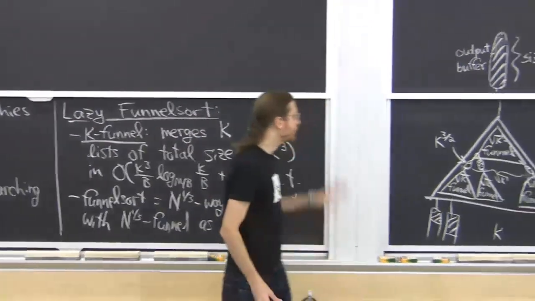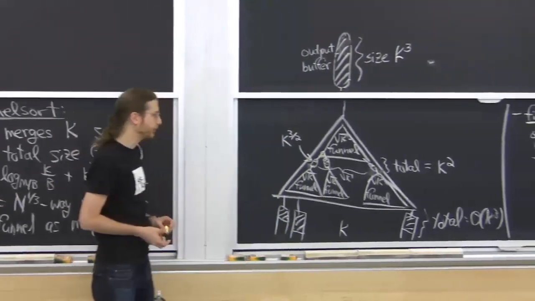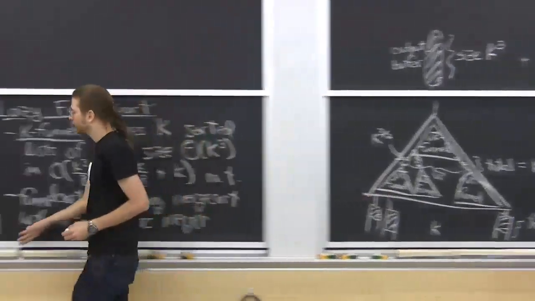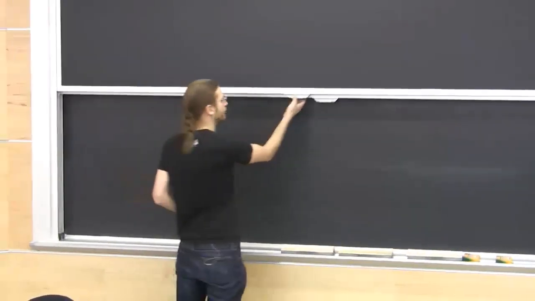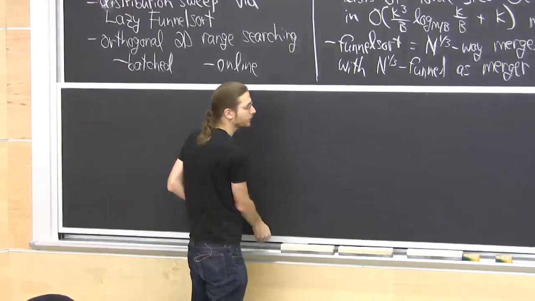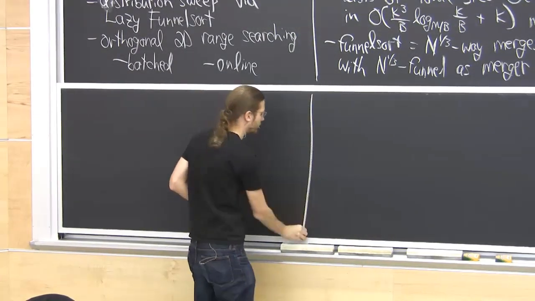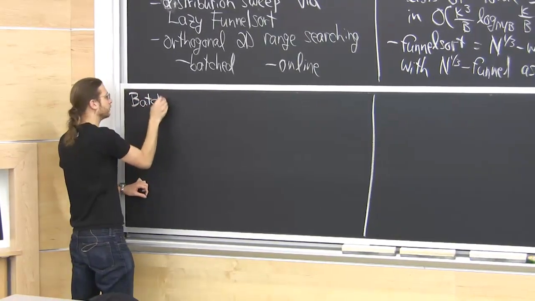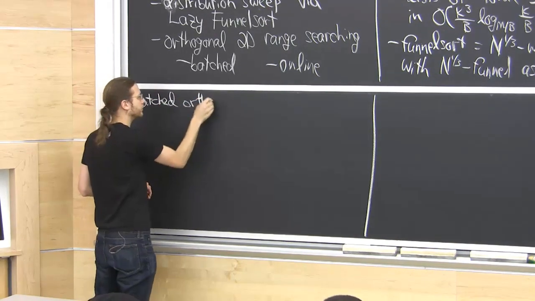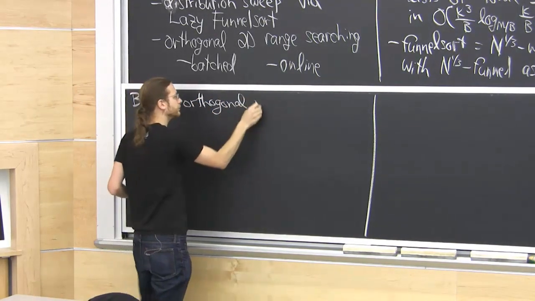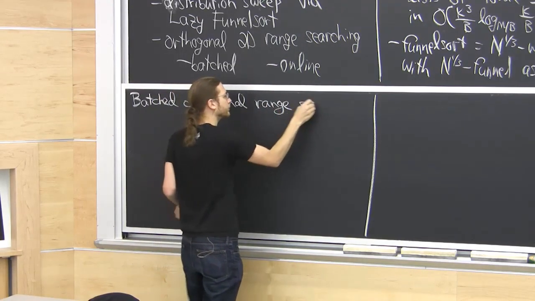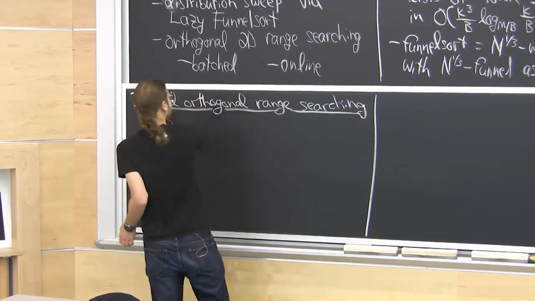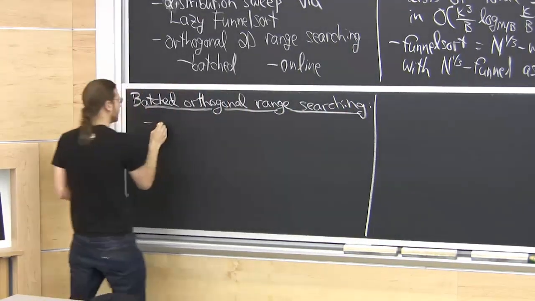What I want to get to is how we use this to solve more interesting problems than sorting. Sorting is a little bit boring. So let's go to batched orthogonal range searching, and in general, this technique called distribution sweep.